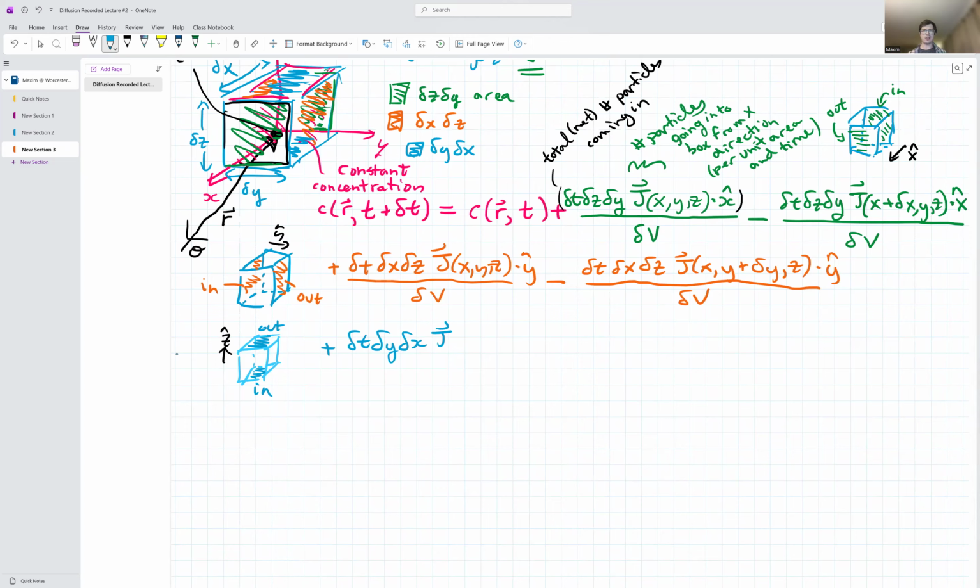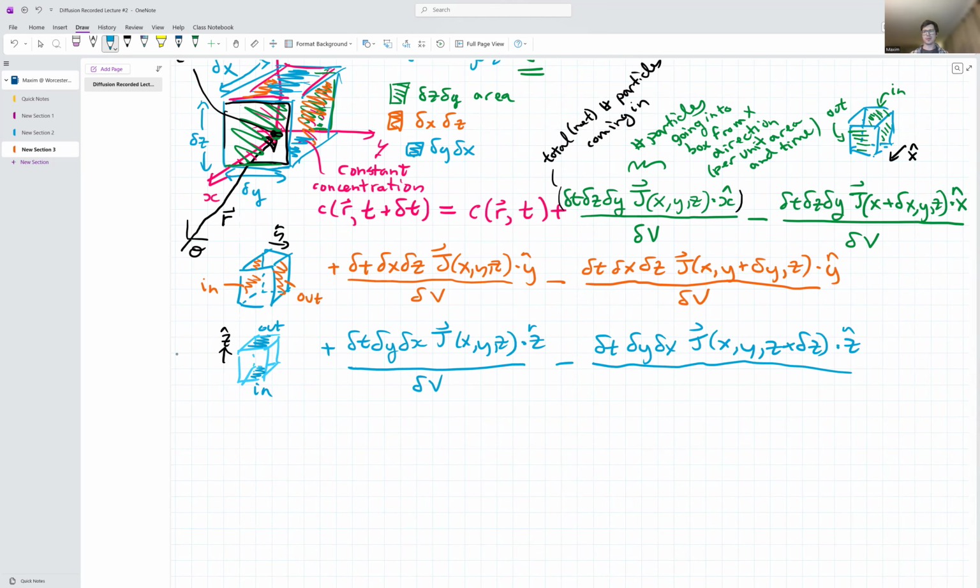And you have j at x, y, z, this time dotted into z hat, the z direction, all over the volume. And we subtract delta t, delta y, delta x, and then we look at that top surface at z plus delta z dotted into z hat. That's the particles coming out from the top.